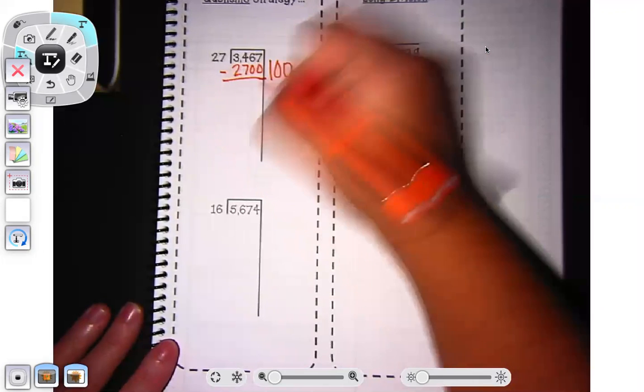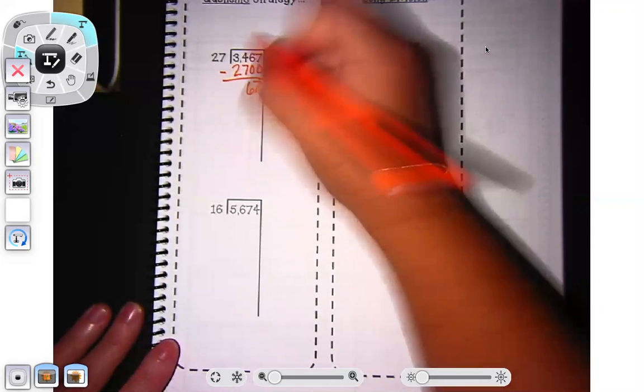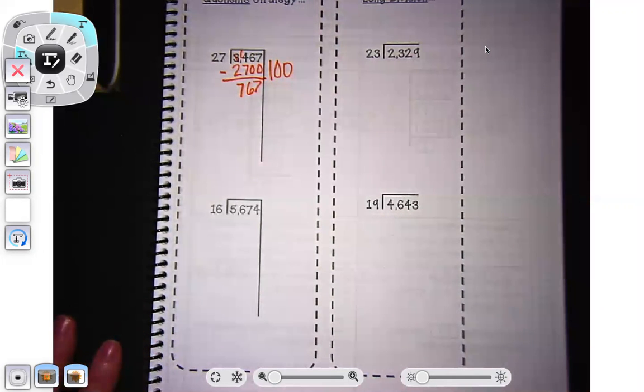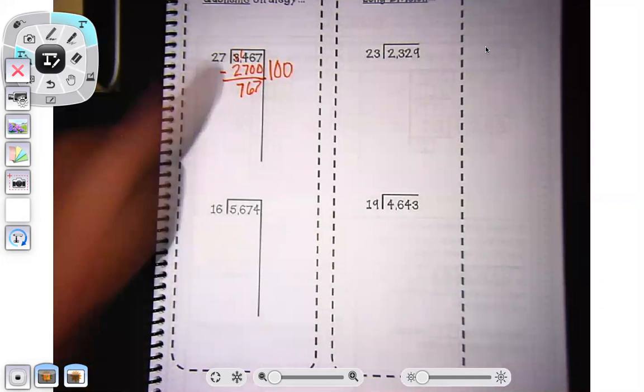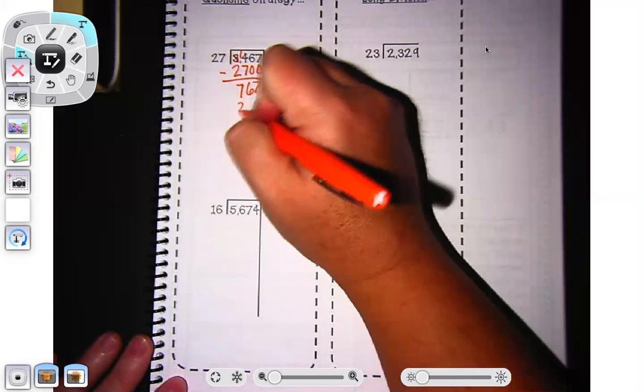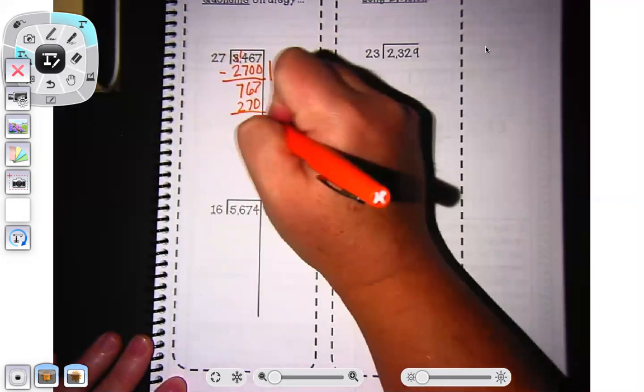Okay, then I'm going to subtract, borrow. I have 767. Well, I'm thinking to myself, I can't do another 100 because that was 2,700, so let's try 10. 27 times 10 is 270.